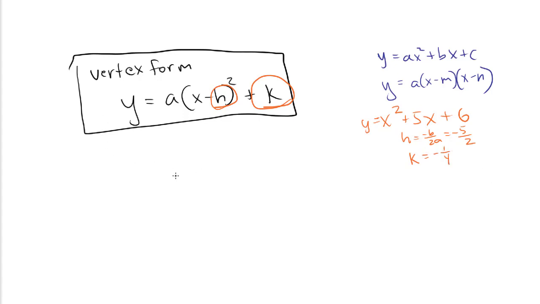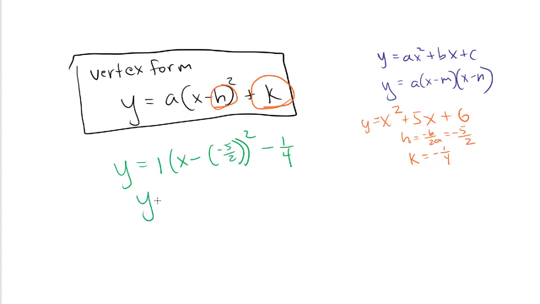So in vertex form, that same equation would be y equals 1, that's my leading coefficient, times x minus minus 5/2 quantity squared minus 1/4, that is plus negative 1/4.